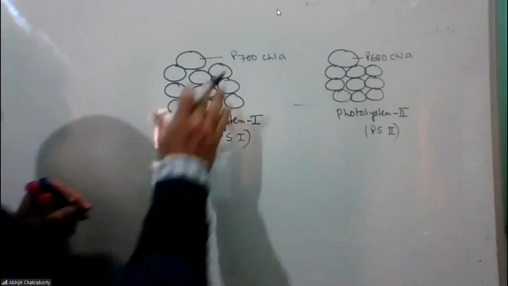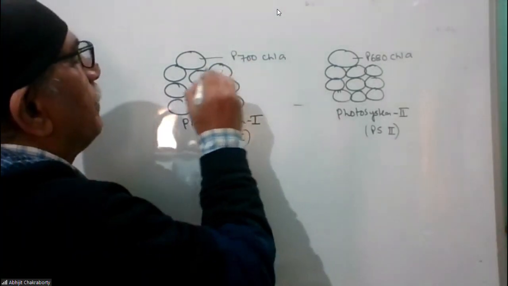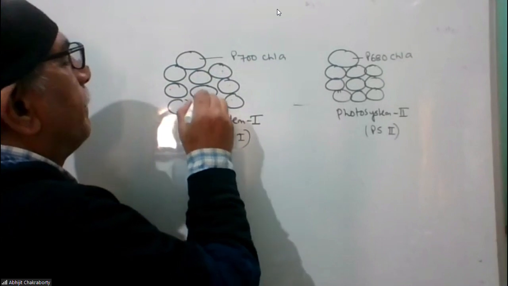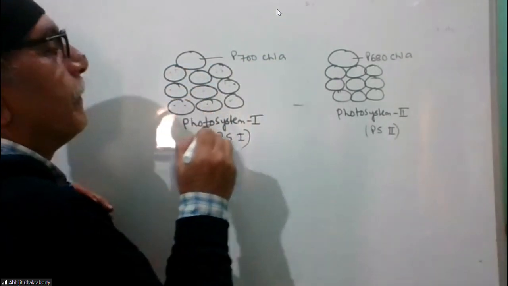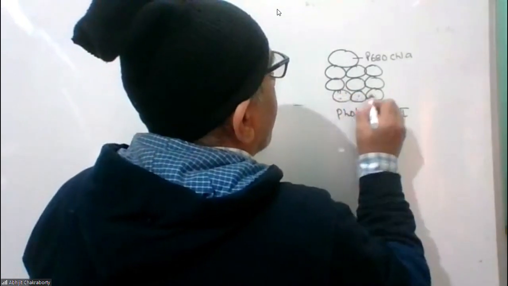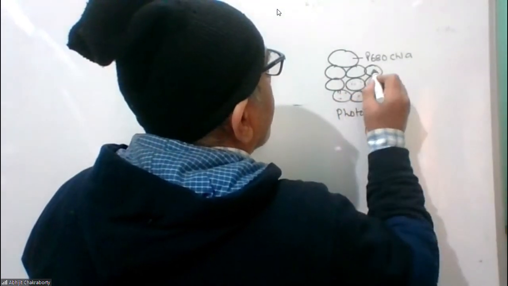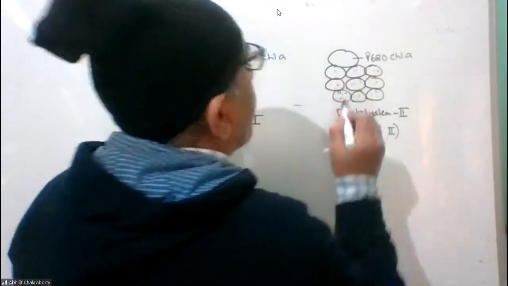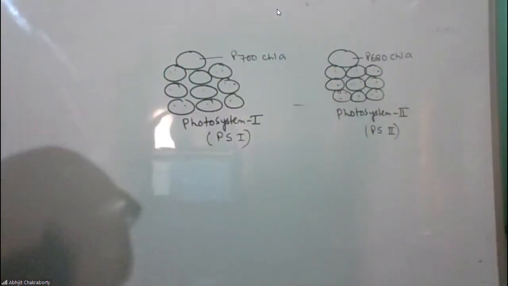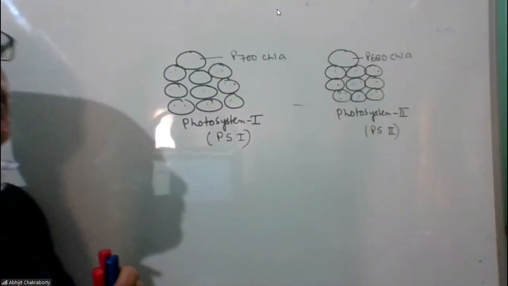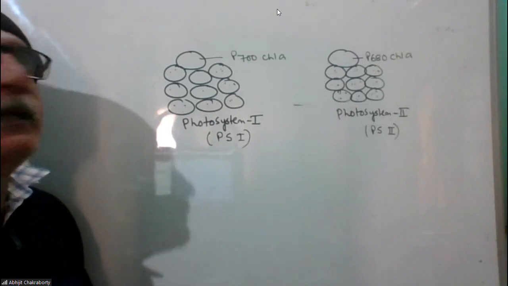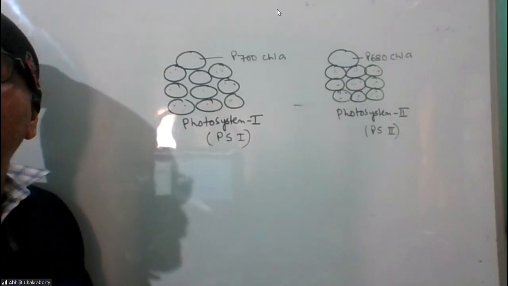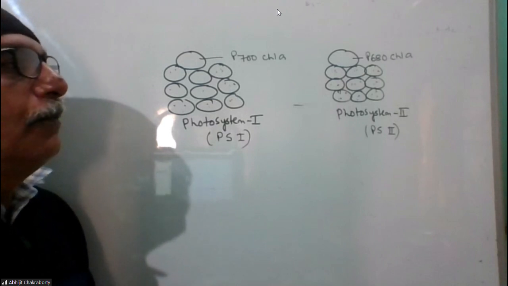They are different pigment molecules found here. So ultimately, the pigment molecule that takes part in the light phase of photosynthesis should be the P700 chlorophyll A, not P680.